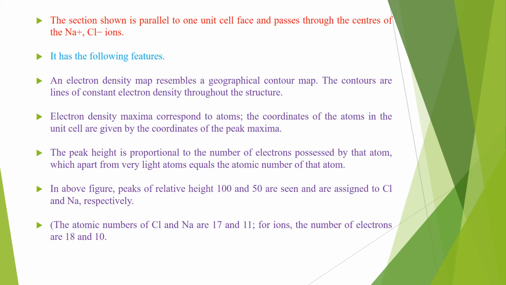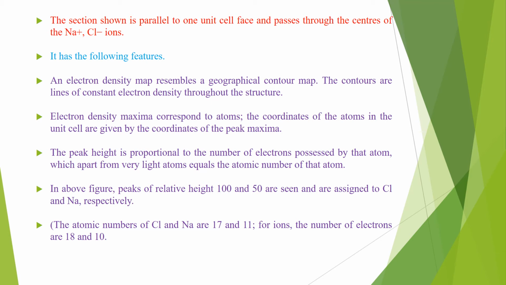The coordinates of the atoms in the unit cell are given by the coordinates of the peak maxima. The peak height is proportional to the number of electrons possessed by the atom, which, apart from very light atoms, is equal to the atomic number of that atom.